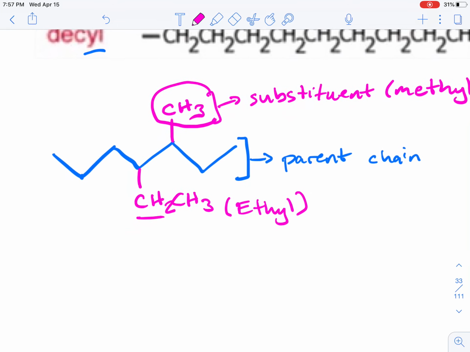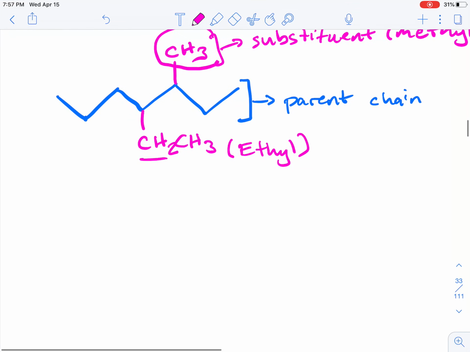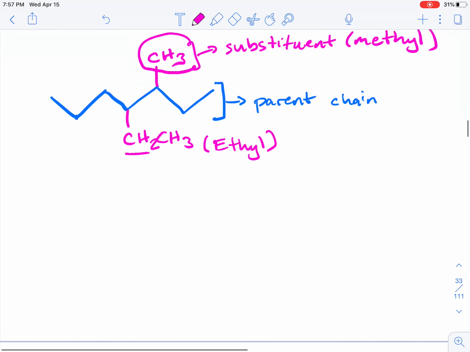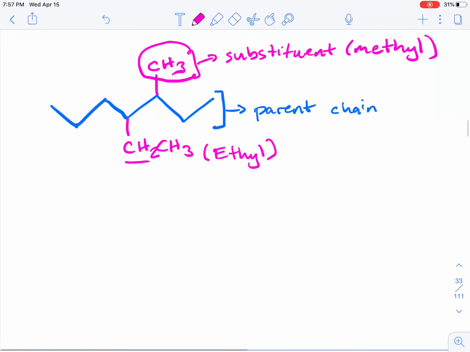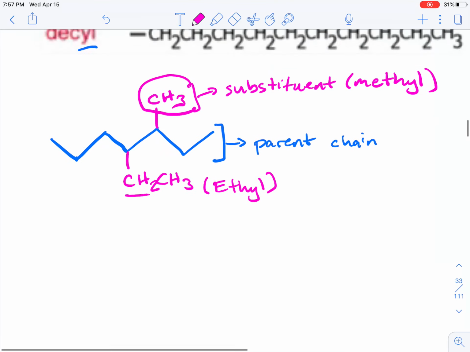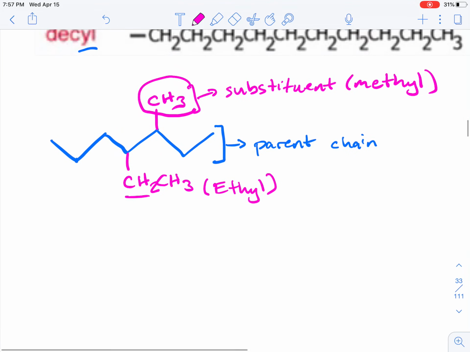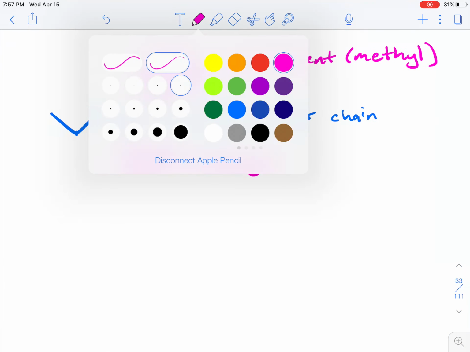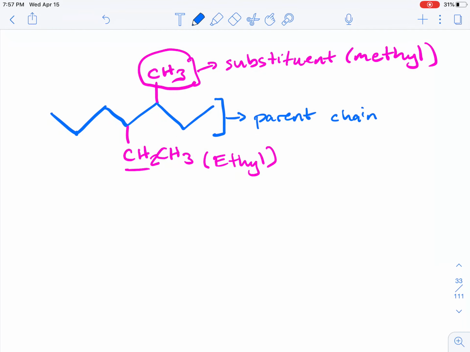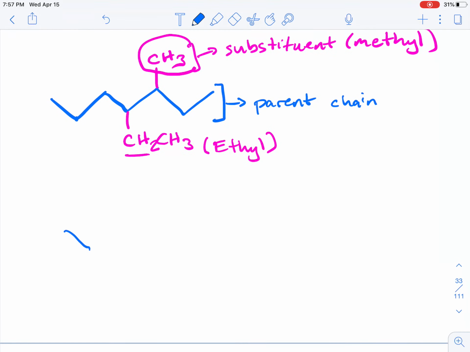Now, I've drawn all the carbons in the substituent just to clarify it, to make that connection between this chart and this image. However, when you are drawing these organic compounds, these substituents are still going to be represented as a skeletal structure.